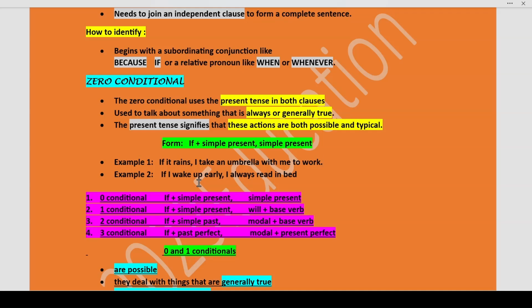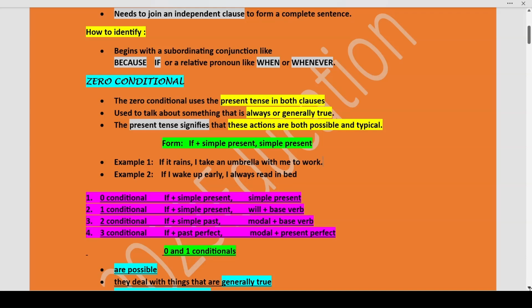But if I combine these with an independent clause, like in example 1, if it rains, I take an umbrella with me to work, then you will understand. Second example, if I wake up early on its own does not make any sense. But if I combine it with I always read in bed, then you understand that if I wake up early, I always read in bed. So this is what your zero conditional is about.